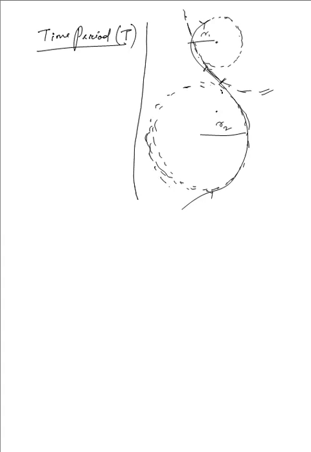So this is the circular path that the particle is taking, and that one circle that it completes, it takes a certain time for it. Usually this is for uniform circular motion. So this time period is the time taken for that one complete cycle that the object takes.